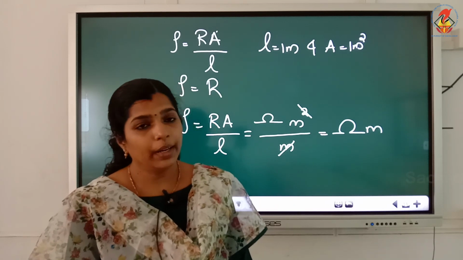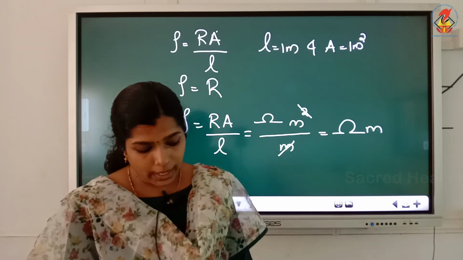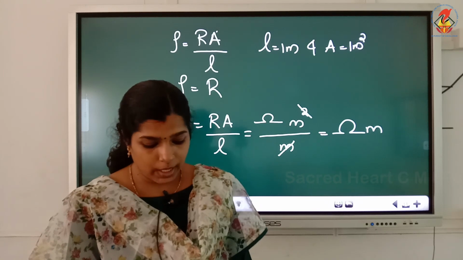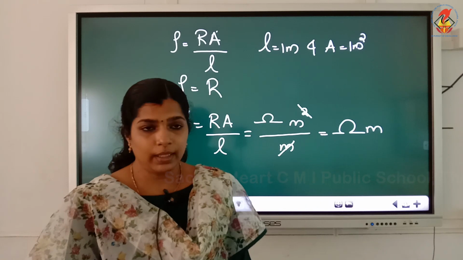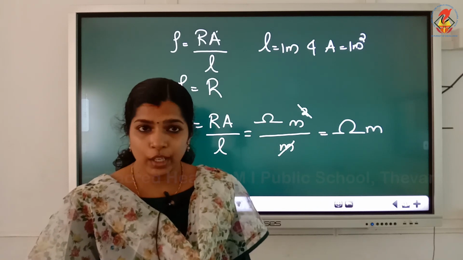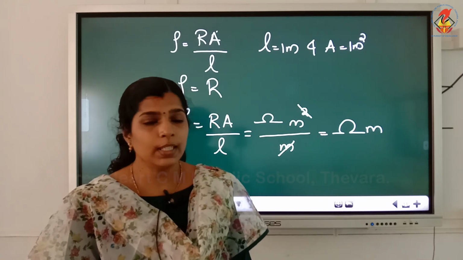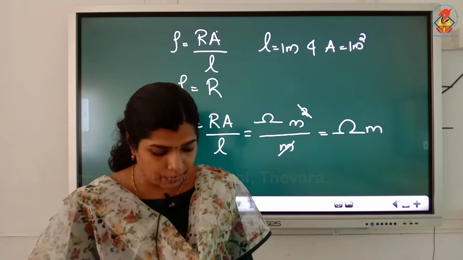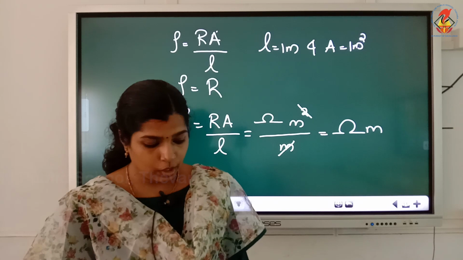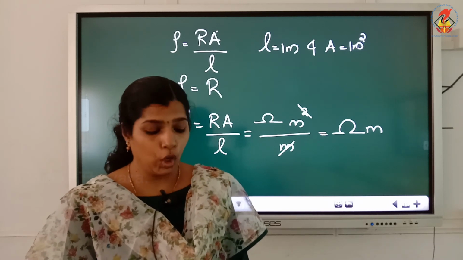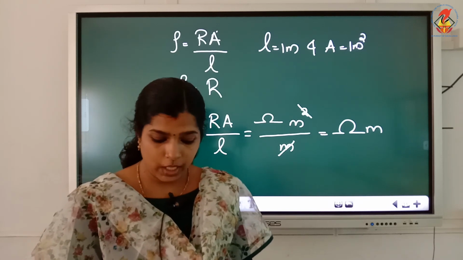Electricians wear rubber gloves while working with electrical devices because rubber is an insulator and protects them from electric shock. Substances having electric resistivity in the range of 10 raised to 12 ohm meter to 10 raised to 17 ohm meter are insulators.